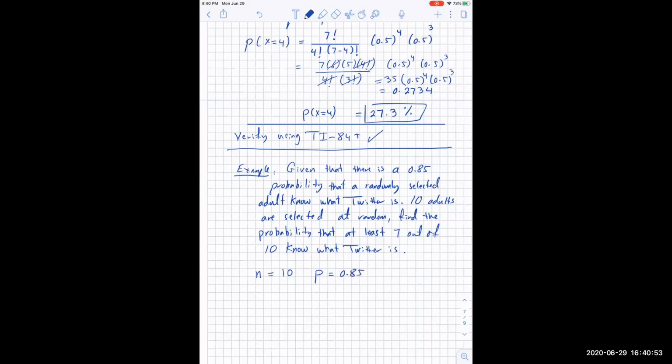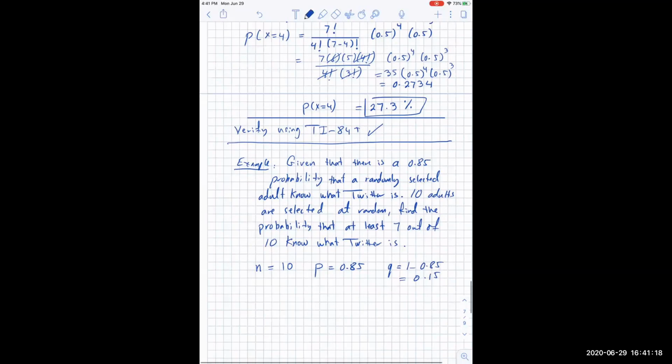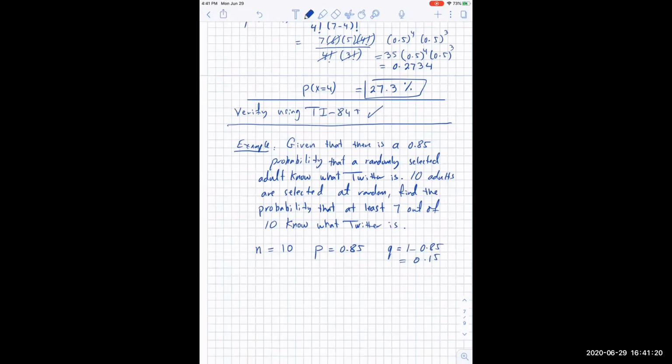What is the probability of failure? In this case, the person selected does not know. I subtract 0.85 from 1, which gives 0.15. So the probability of success is 85%, failure is 15%, which is 0.15.